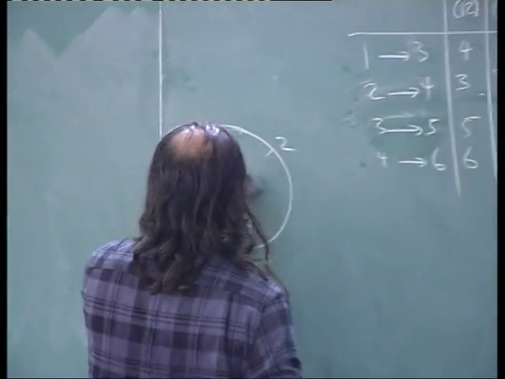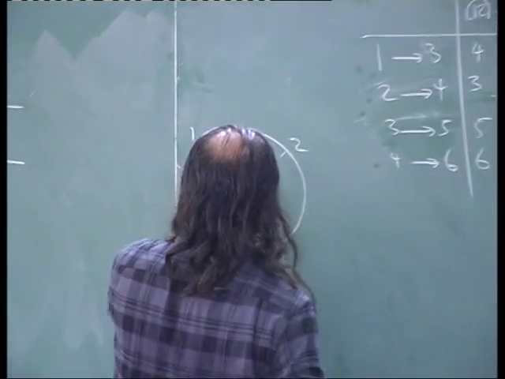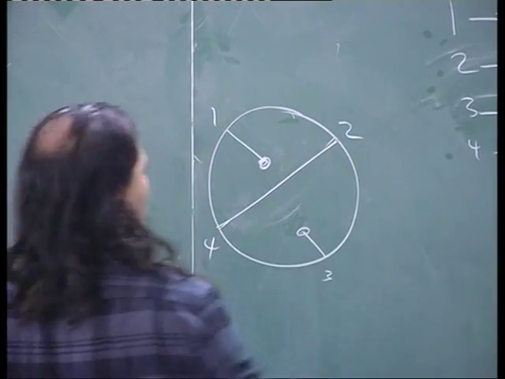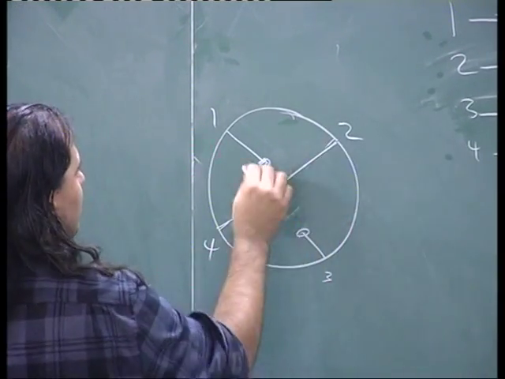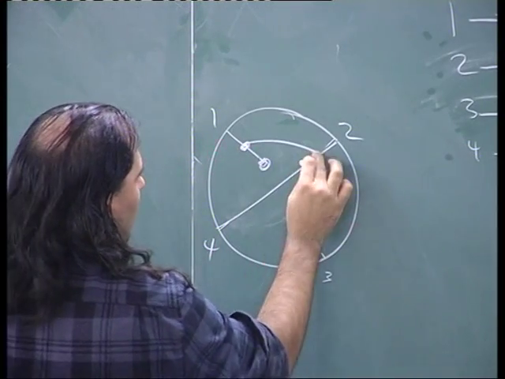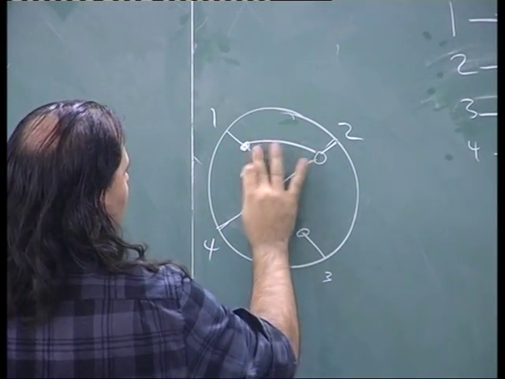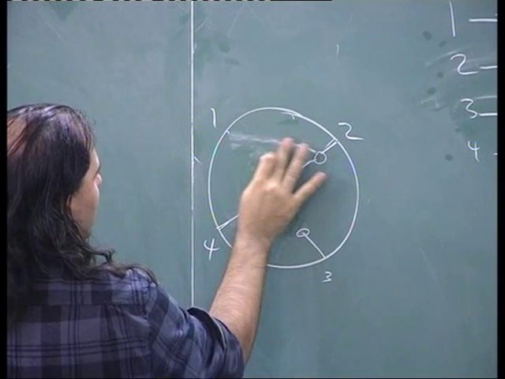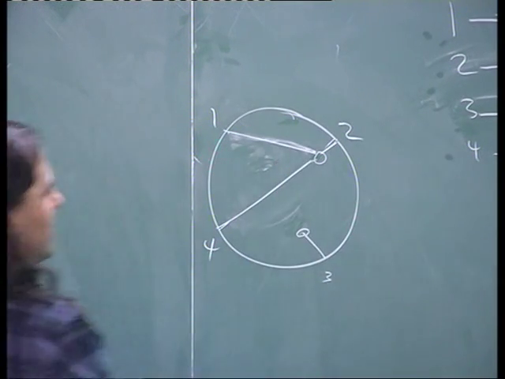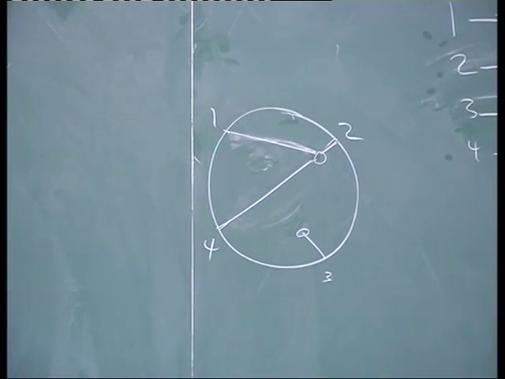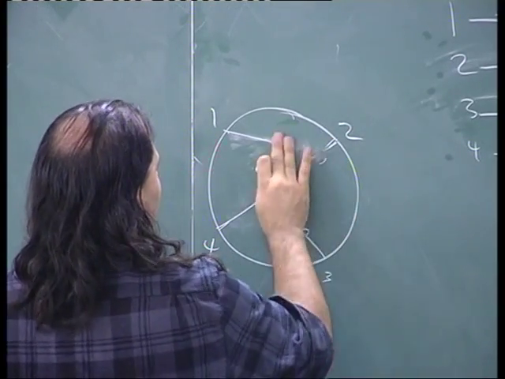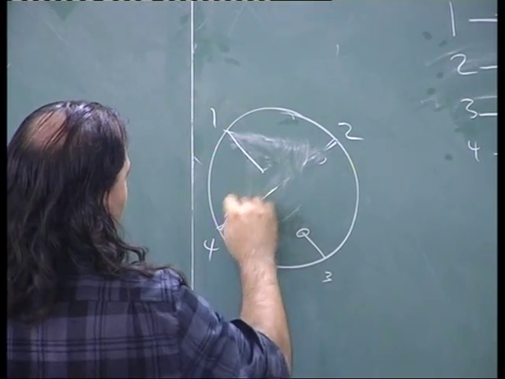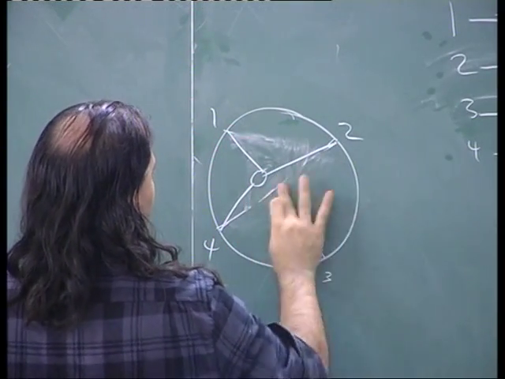So what has happened here is that I've just connected 2 and 4. Next I have to connect 1 and 2. Black dot, white dot, erase lollipop, erase white dot. Next I have to connect 2 and 3. Let me draw this a little more like that.